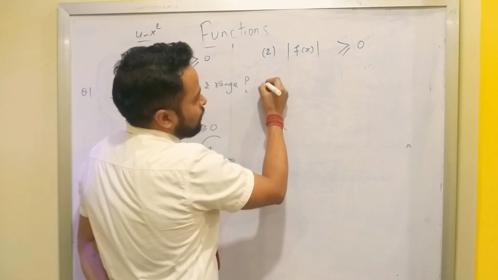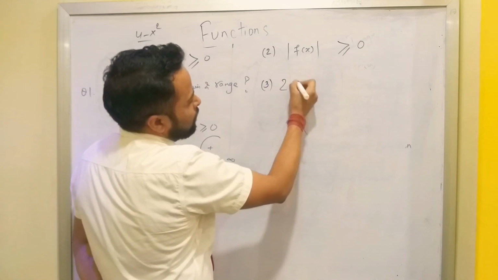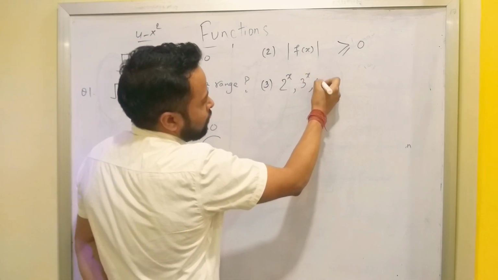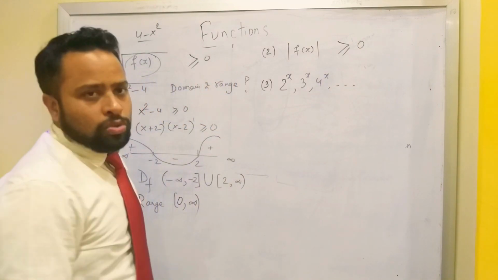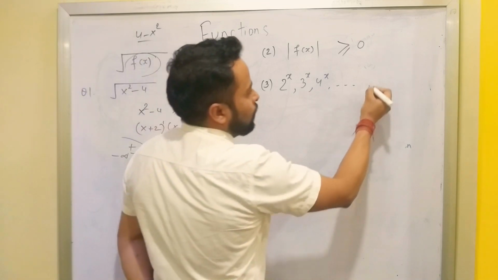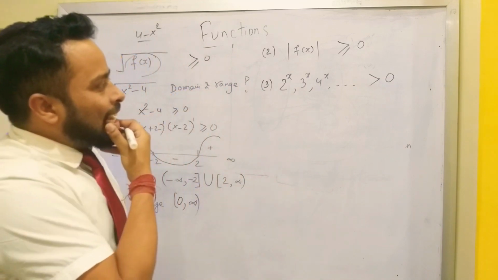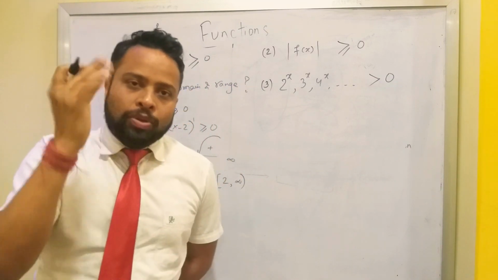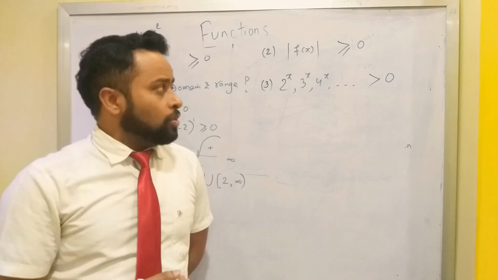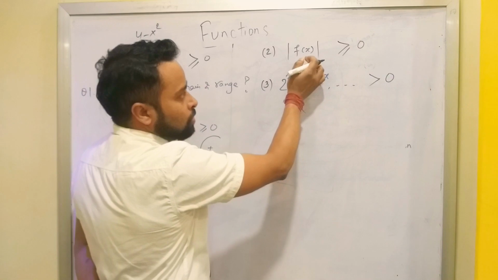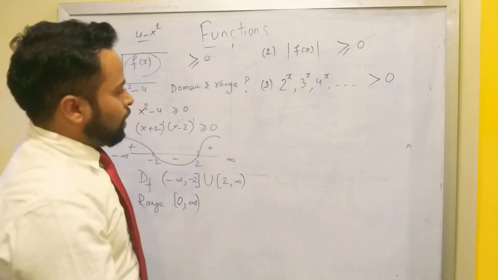Then the third one is 2 to the power x, 3 to the power x, 4 to the power x, and so on, where x belongs to R. This is also non-negative, but it cannot be equal to 0, because whatever real value of x you put, you will never get 0. So there is a difference: in the earlier ones 0 will be attained, but here 0 will never be attained.